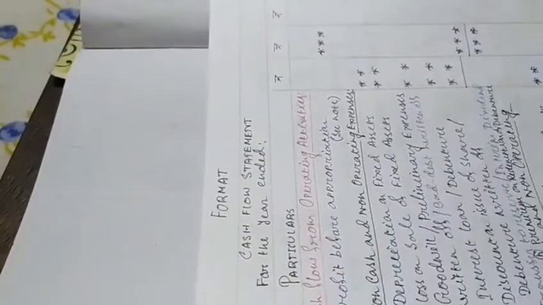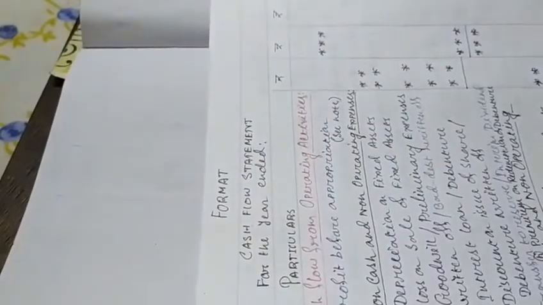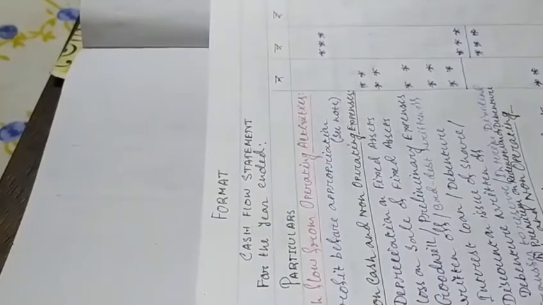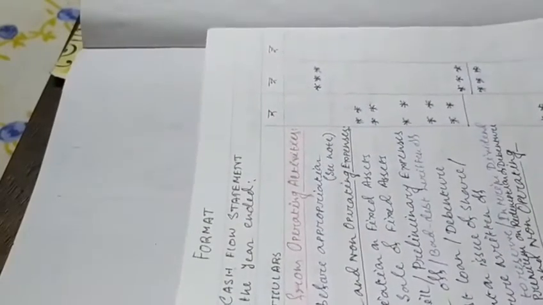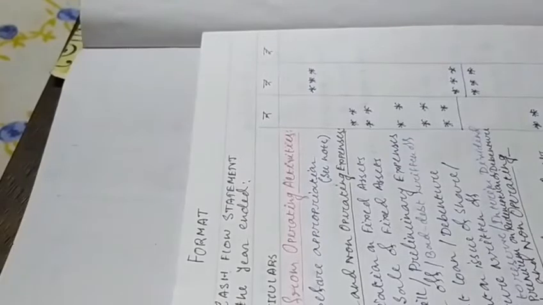So operating activities start from net profit before appropriation. Appropriation means, you know, there is a chapter on it in 12th standard. After the 12th, I think the graduation syllabus has no coverage of appropriation, so I think you can't remember those days.